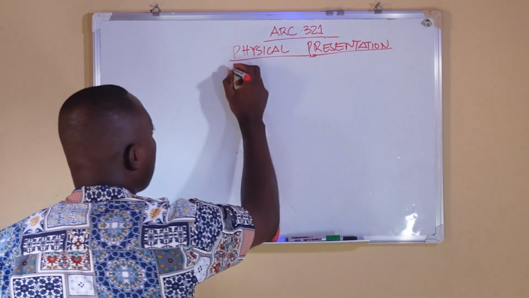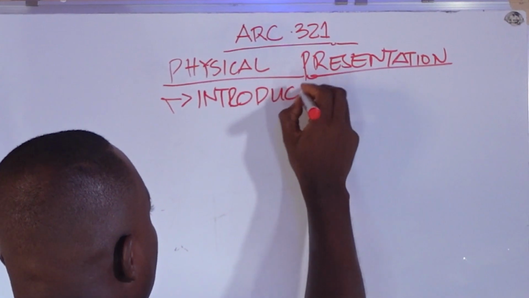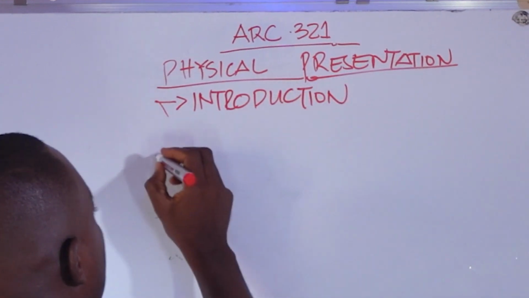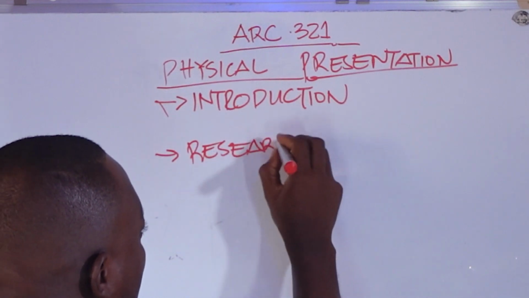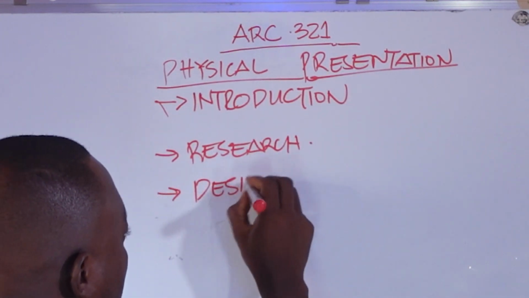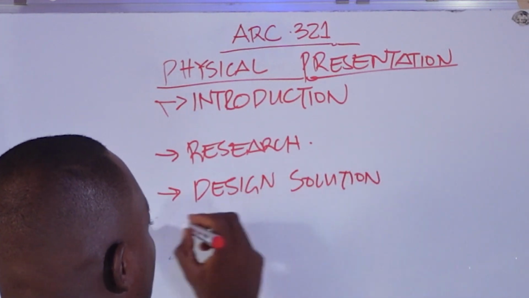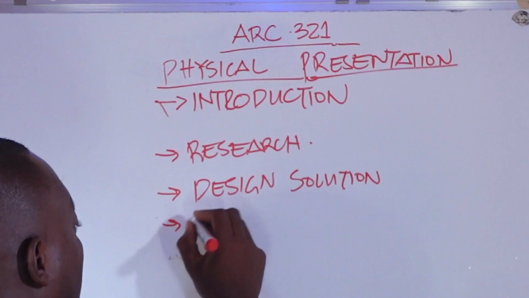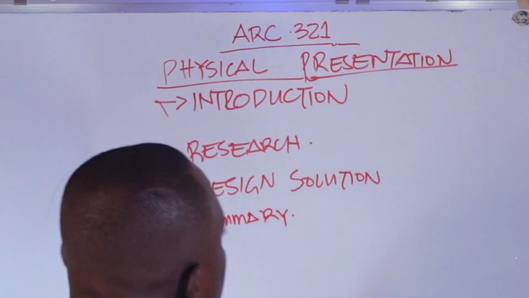So if you are going to make your presentation, you start with an introduction, and then we'll move over to the research phase of your presentation, and then we'll move over to your design solution, and we can conclude with maybe a summary, and then you'll take questions.